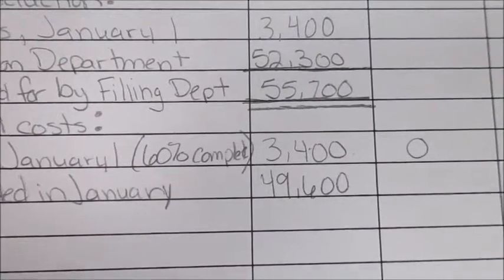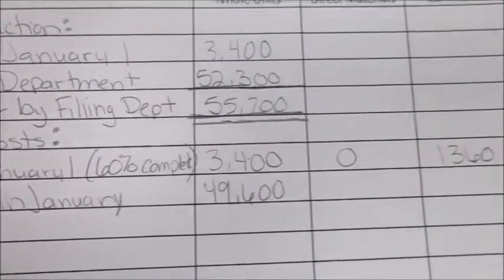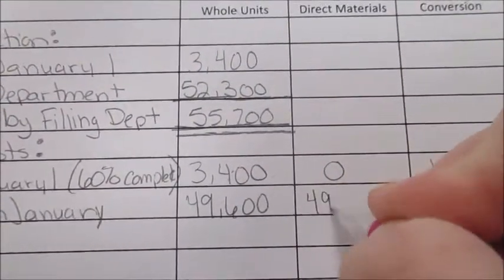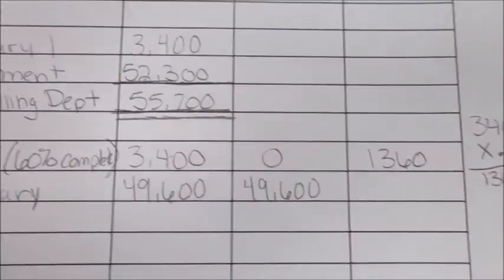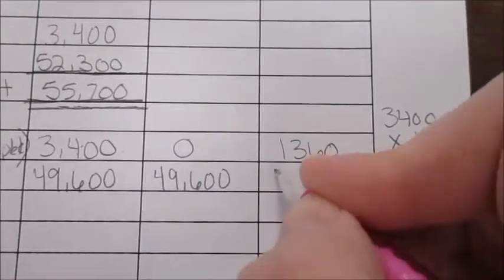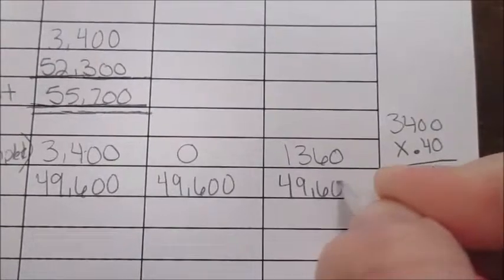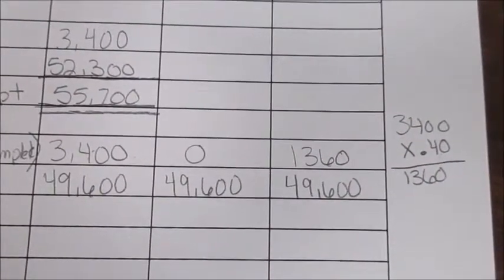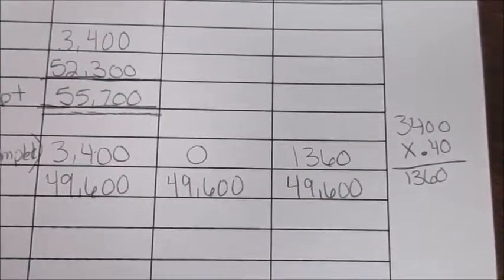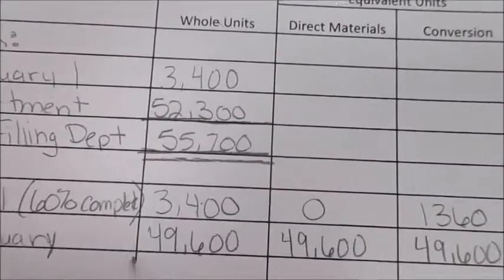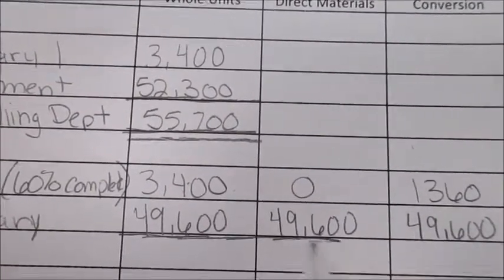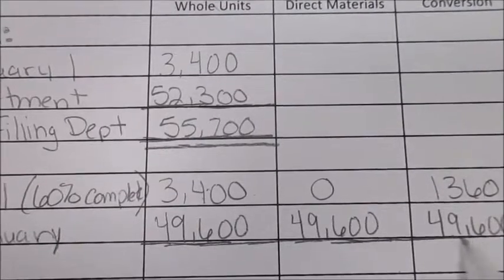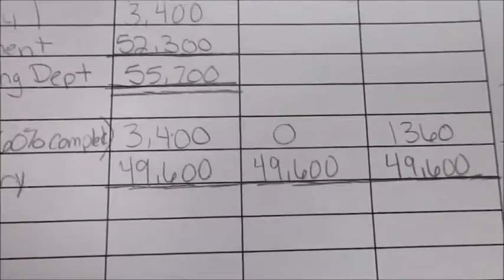Now, of that 49,600, all of the direct materials were put in during the month of January. And since they were completed, all of the conversion was put in during the month of January. Okay. Now, we're going to add this because this tells us what we started with in the beginning and what we've completed in this month.